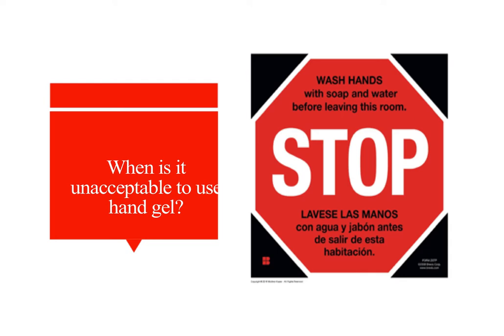In healthcare, you are expected to sanitize your hands either by hand gel or hand washing before you put on gloves and after you put on gloves. And you need to understand that our gloves are meant to protect us from the patient, not the patient from us, okay?